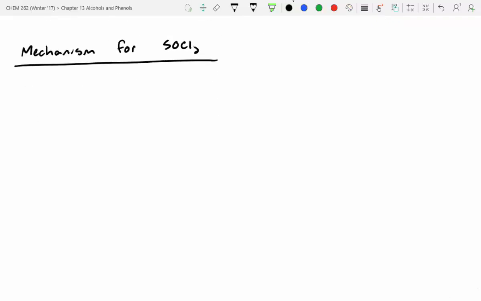All right, so let's take a look at this. We said already that this is a bad leaving group, which means we need to turn it into a good leaving group. We could tosylate it if we want to, but thionyl chloride is a good way of converting this into a nice leaving group. So thionyl chloride has sulfur double bonded to oxygen with two chlorines coming off.